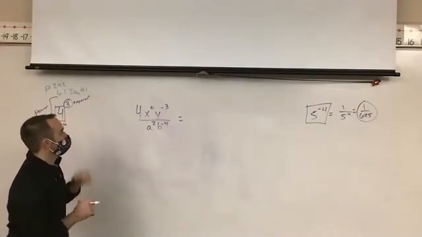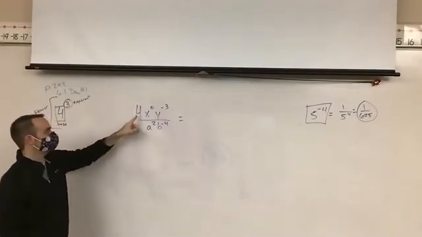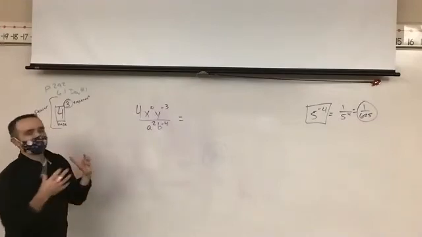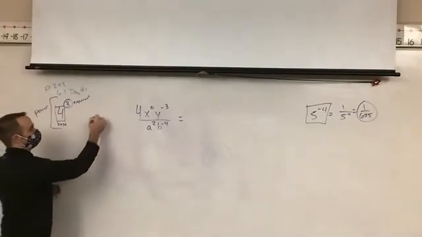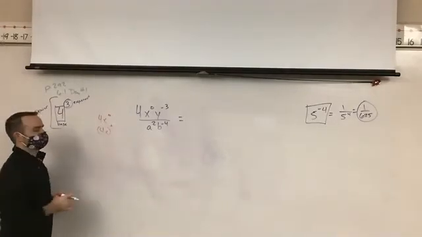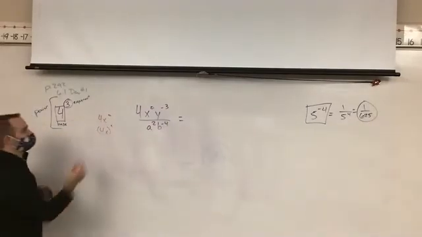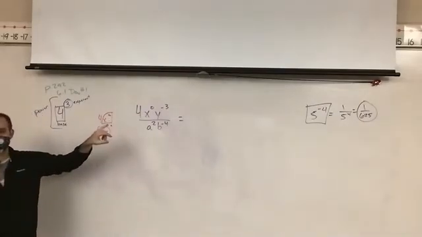First of all, the new thing that I want to point out is that 4x to the 0 power is not (4x) to the 0 power. Just like we talked about with the negative, this is different than this. Order of operations: that 0 in this problem only applies to the x.